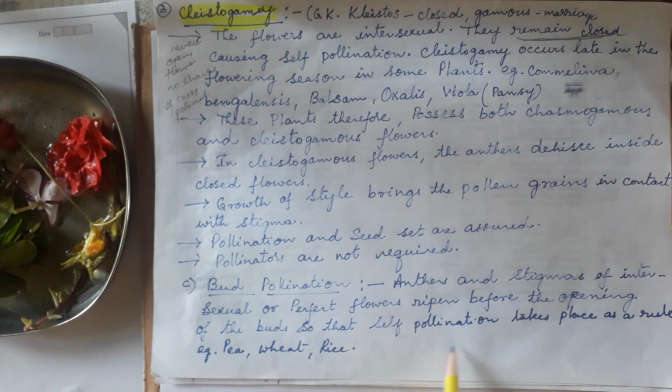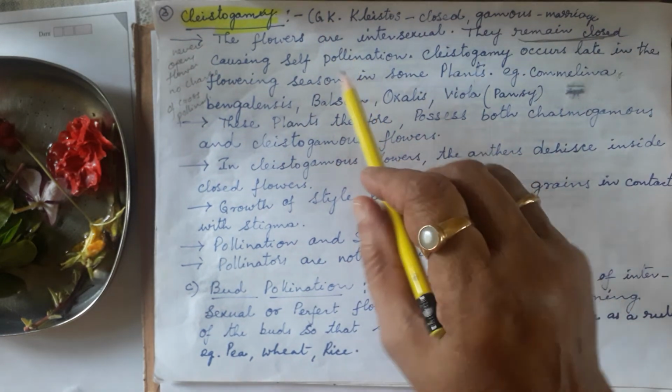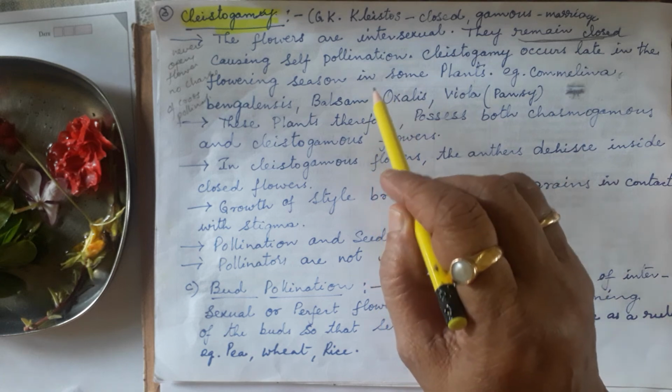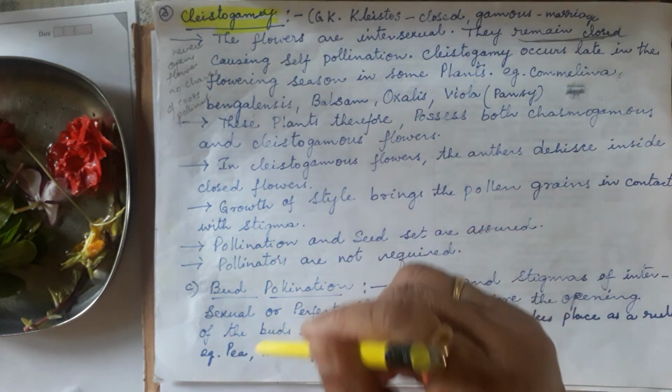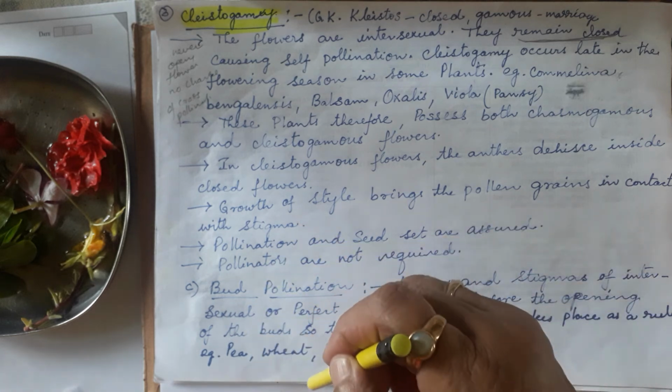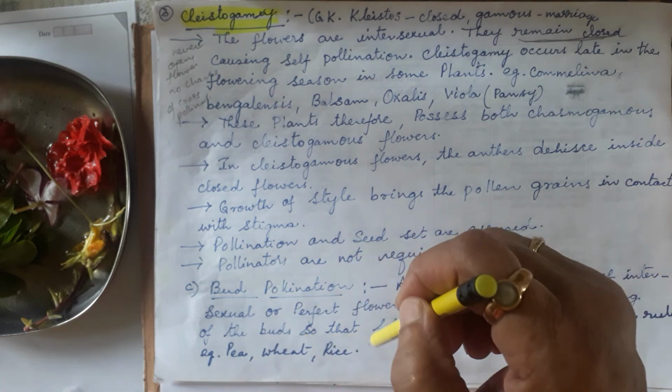Okay, so self-pollination takes place as a rule, definitely. Bud itself only. Everything is inside the flower, here before opening only. Examples are wheat, rice, and pea.